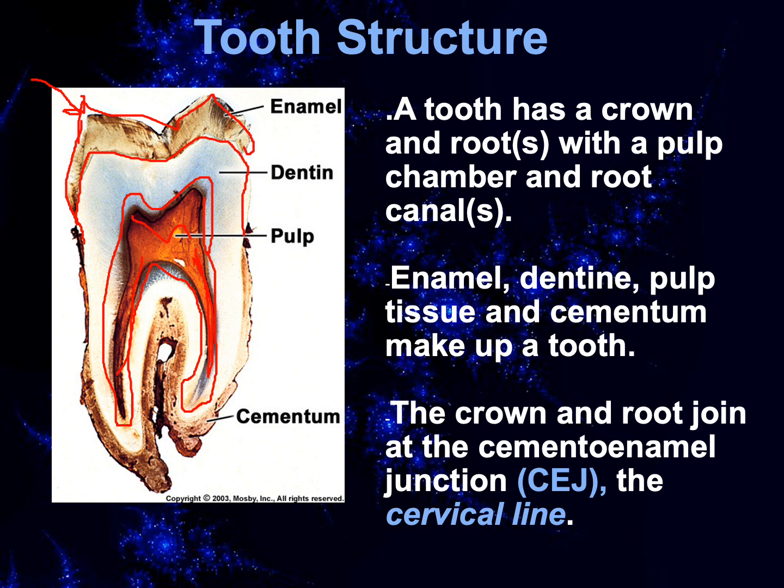The roots are covered by a hard tissue called cementum. The crown and the root join each other at a point that is called the cemento-enamel junction or the cervical line.